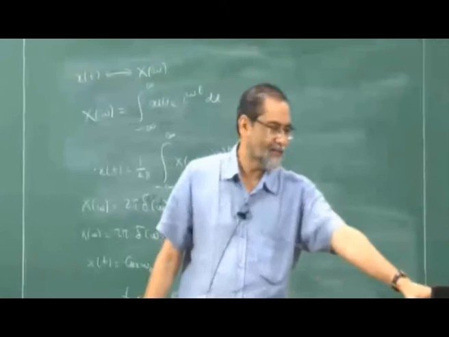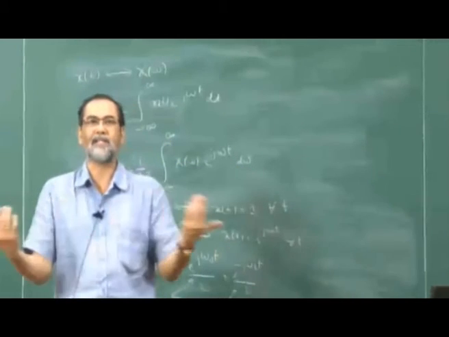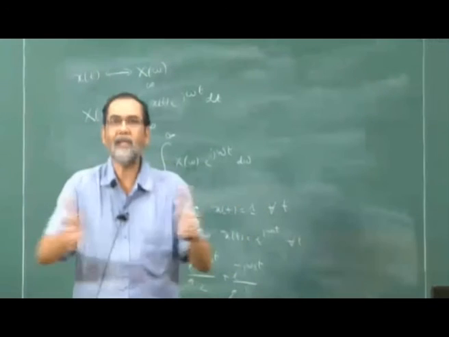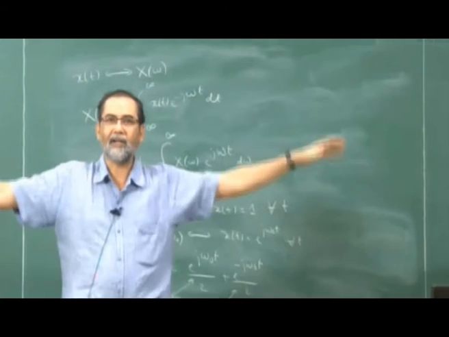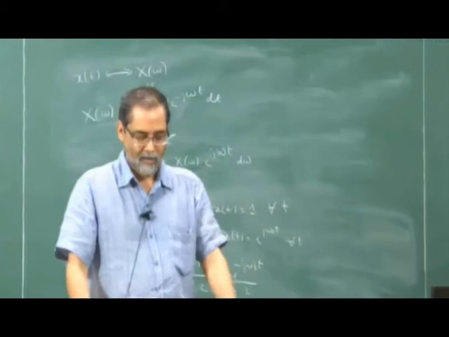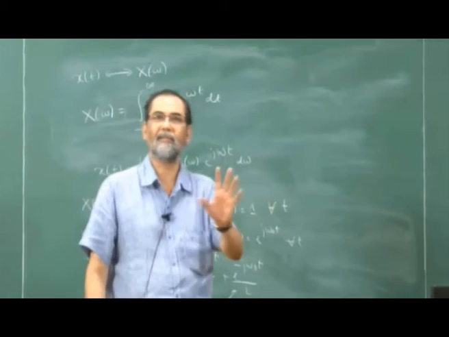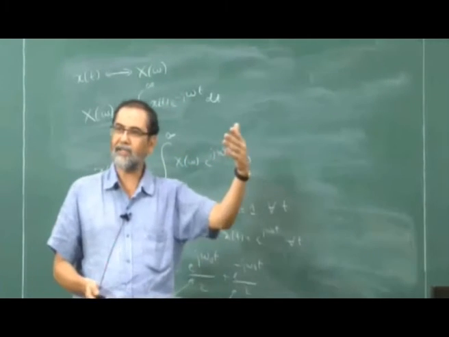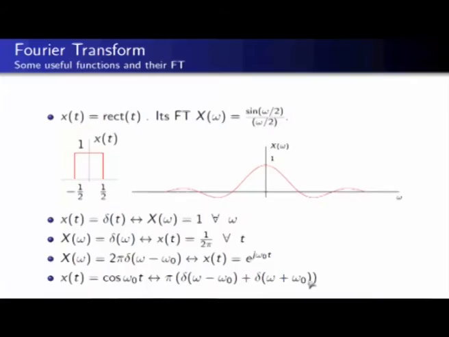Once you understand the rect and its Fourier transform, then argue based on limits. As you squeeze x of t, x of omega becomes wider and wider and wider, eventually becoming a constant function. That's the limiting argument. And once you understand that, all other answers simply fall in line.